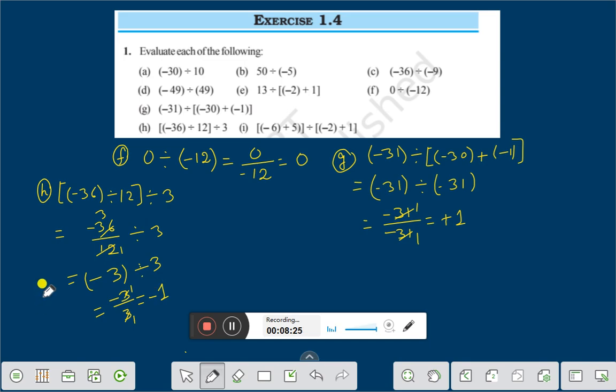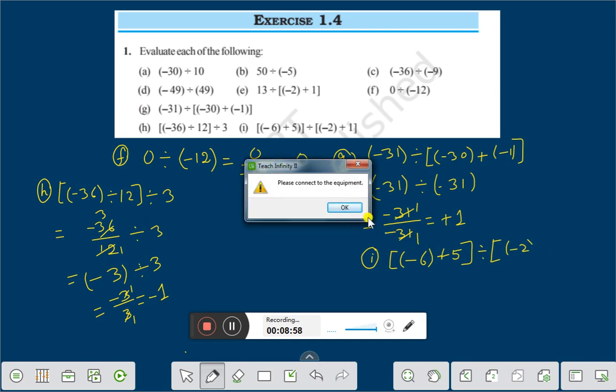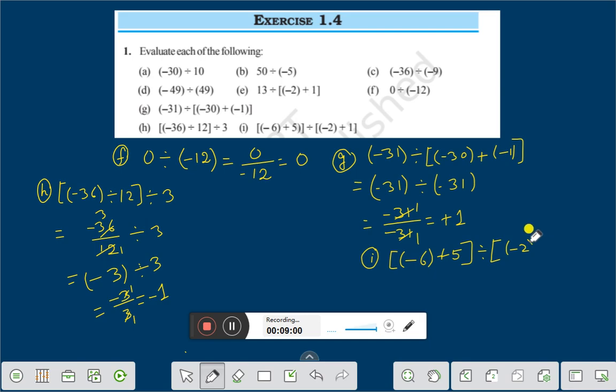Let us solve question number I. Here you see, question number I is, in bracket, minus 6 plus 5, bracket close, divided by, in bracket, minus 2 plus 1.